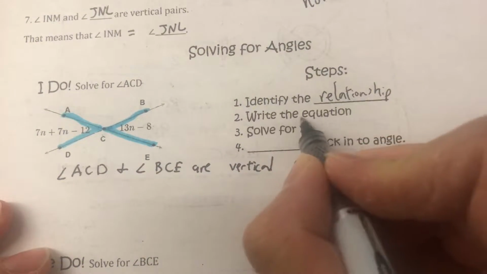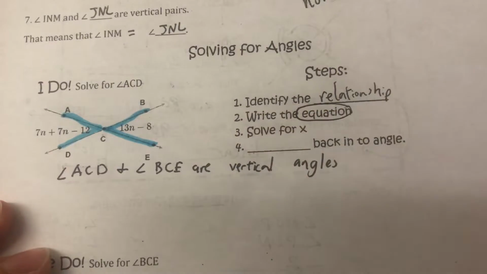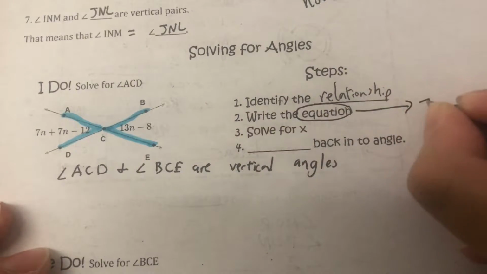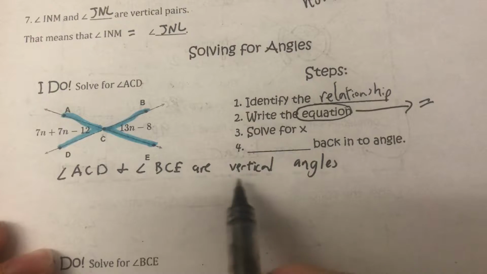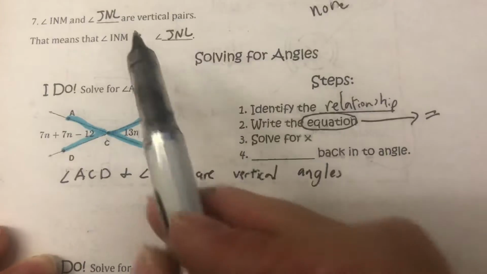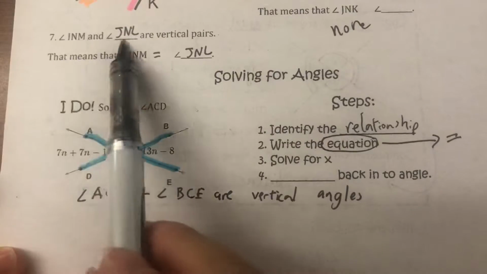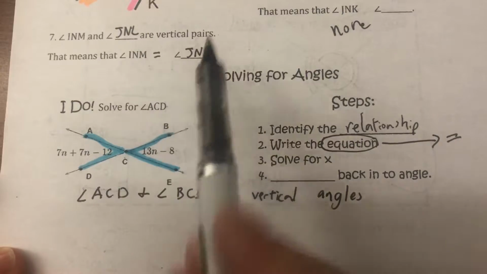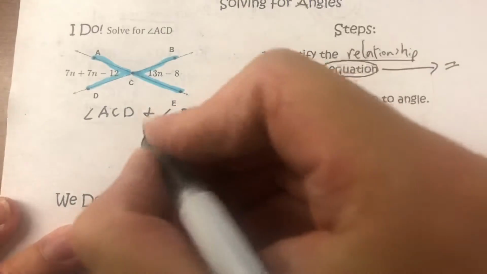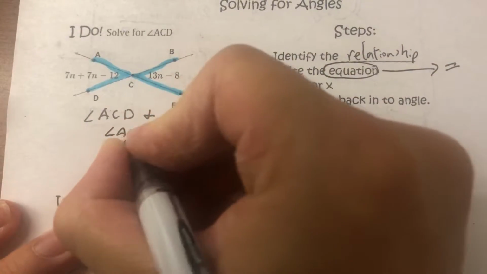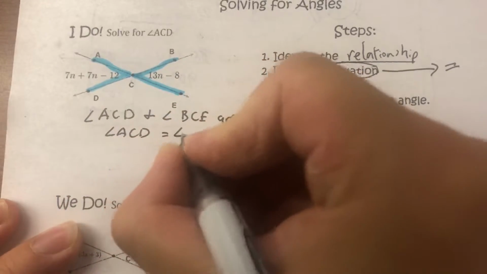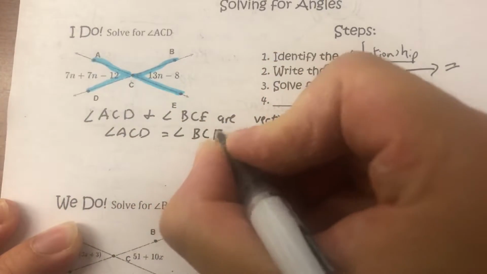Step two is write the equation. Notice how the word equation means it's going to have an equal sign somewhere. Because we know that these two are vertical angles, just like in the previous examples, we can write them equal to each other. So let's write down angle ACD is equal to angle BCE.